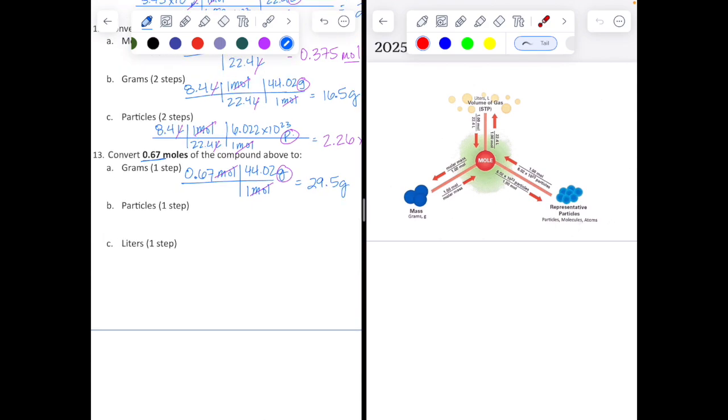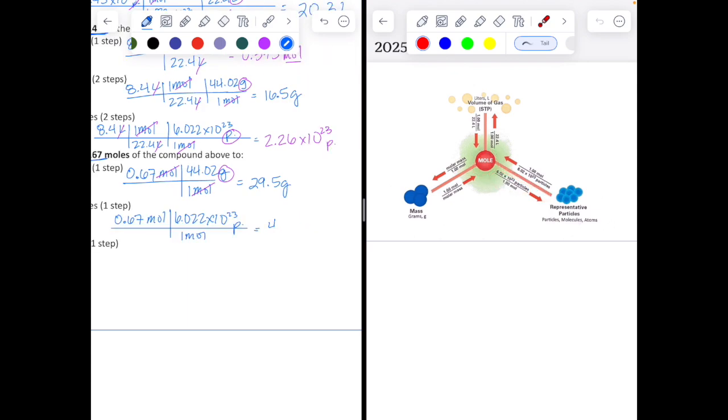And then for particles, we're going to go from moles to particles. So we're going to use Avogadro over 1 mole. Again, make sure that you've got 4.03 times 10 to the 23rd, and then put your units, particles.